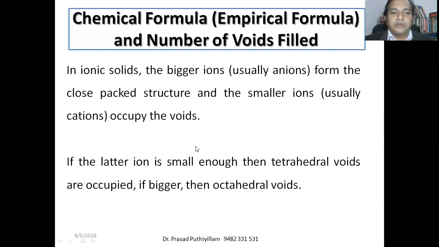If they are small enough, they occupy the tetrahedral voids. If they are a little bigger, then they occupy the octahedral voids. Therefore the cations can occupy either tetrahedral or octahedral voids based on their size.